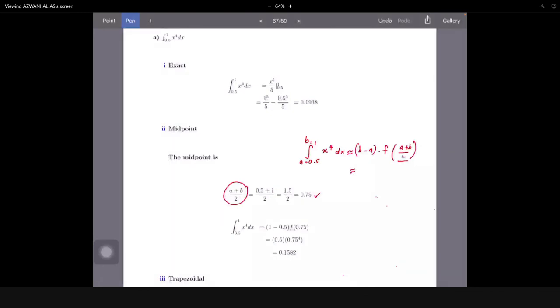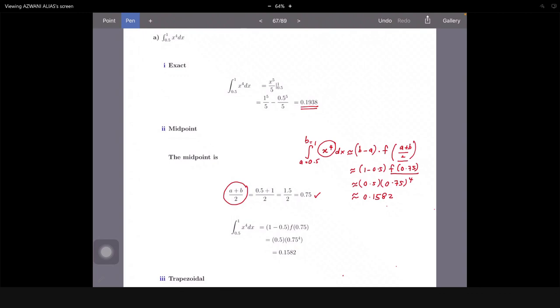So B minus A, which is 1 tolak 0.5 darab the value pada function 0.75. Okay, so multiply kasi 0.5. Function ni adalah 0.75 kuasa 4. So, you akan dapat 0.1582. Jauh kan? Jauh dengan the exact solution.